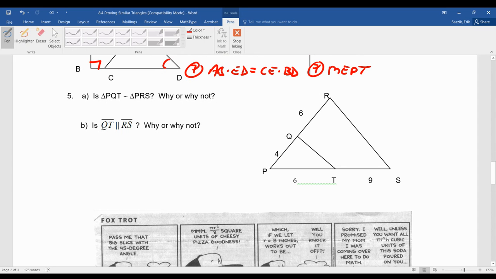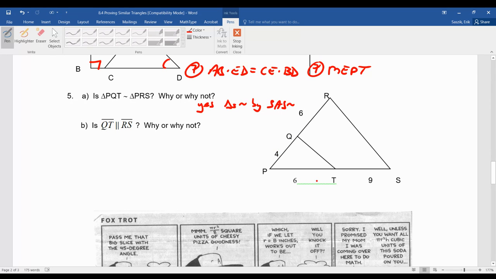Is PQT, is this little triangle similar to the big triangle? I hope you said yes. The triangles are similar by SAS similarity because this is 4 to this whole thing is 10.